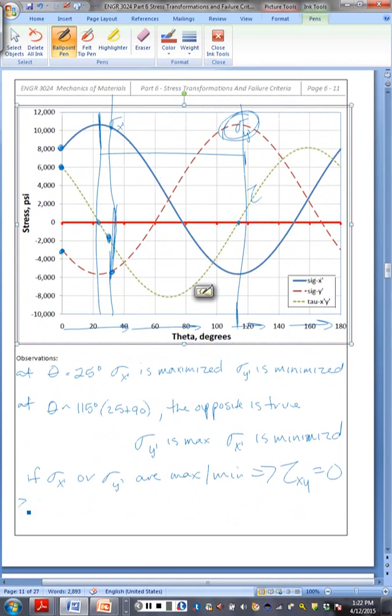Also, the shear stress is at a maximum or minimum at 45-degree rotations from the maximum normal stresses.